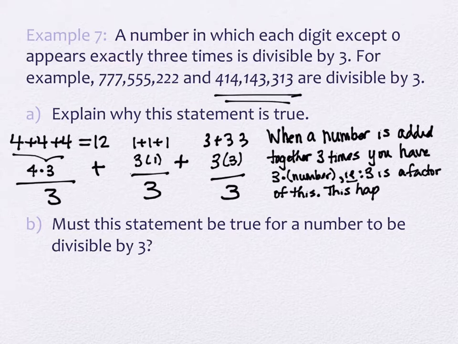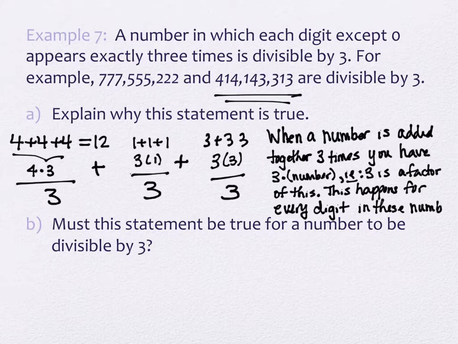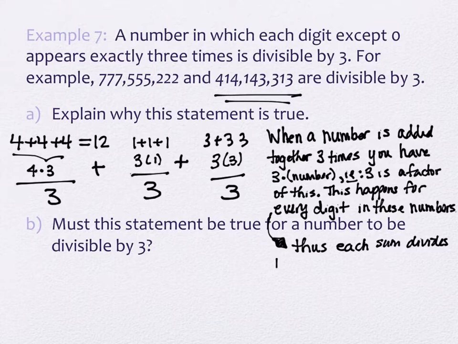This happens for every number. I would say digit. Every digit. That's better. Every digit in this number, or in these numbers. Thus, each sum divides by 3.